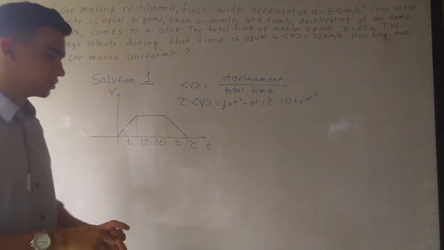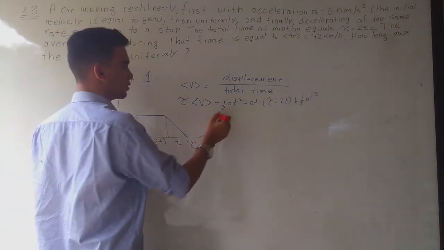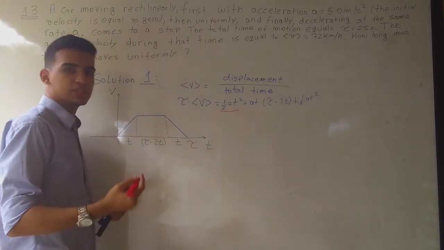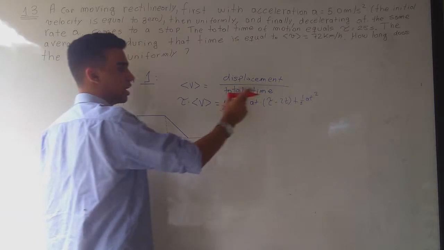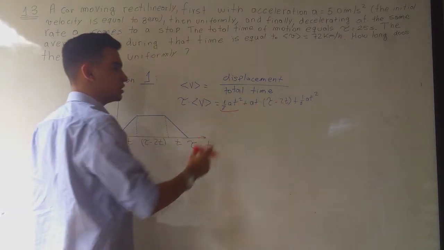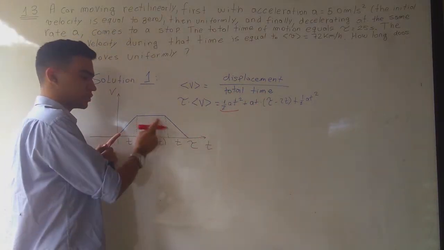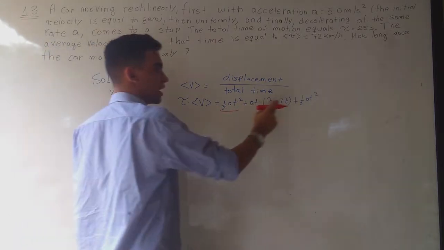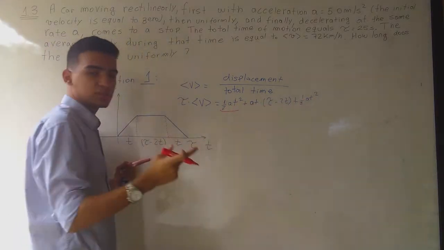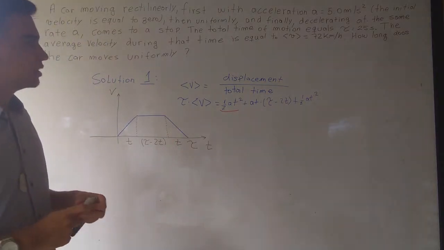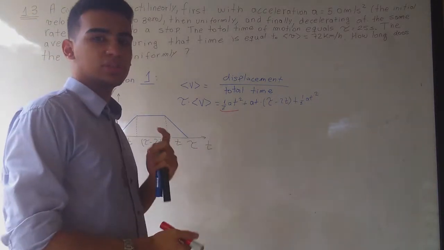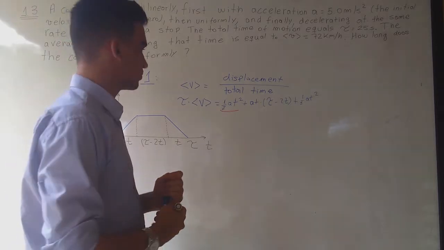So analyzing here, this part of the equation is the distance covered by the first part of the graph. This other part is the distance covered by this part of the graph, and this last part is the distance covered by the last part of the graph. All these equations use kinematics notions.